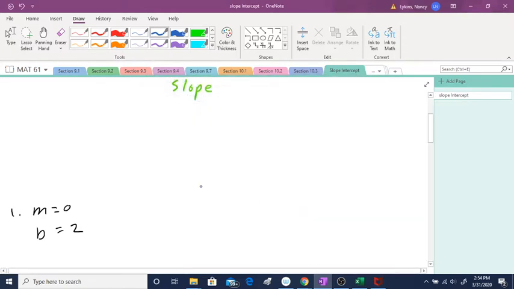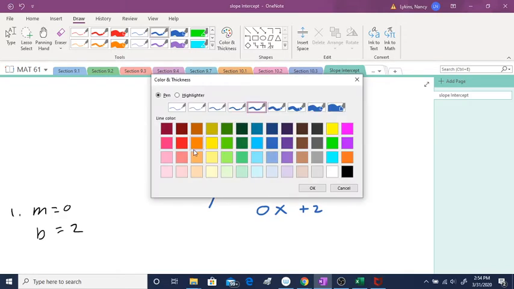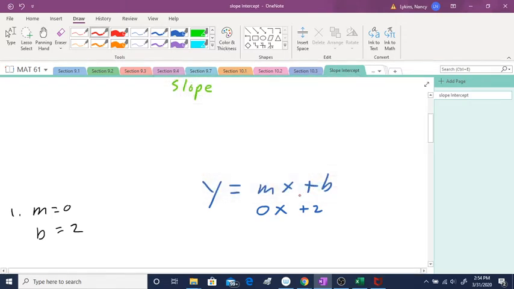What I mean is, okay, let's do it in mx plus b form. Okay, m is 0, b is 2. Now, anything that you multiply by 0 is always 0. So my equation on my first line is just y equals 2.